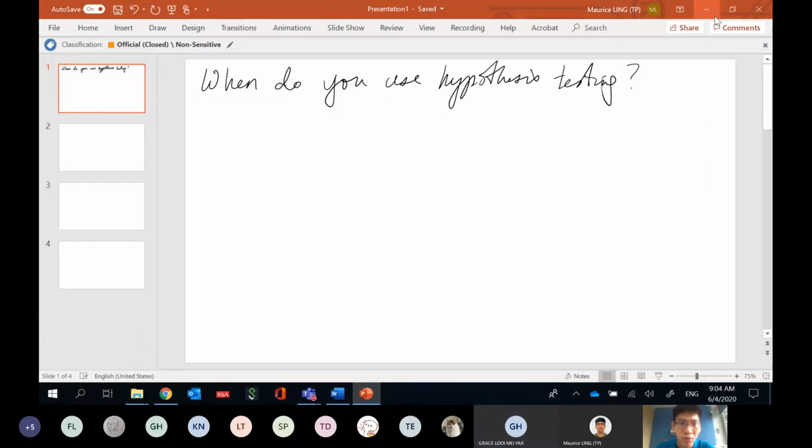But put it into a wider context, when do you use hypothesis testing? Verifying a claim is one of the examples. When you develop something, okay, develop something, then what happened?